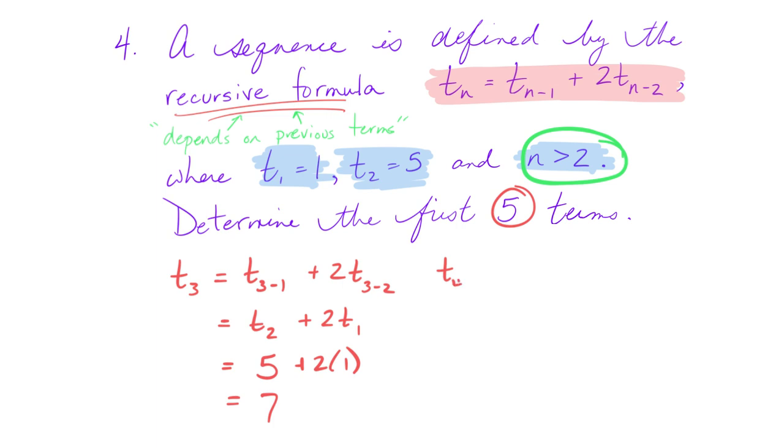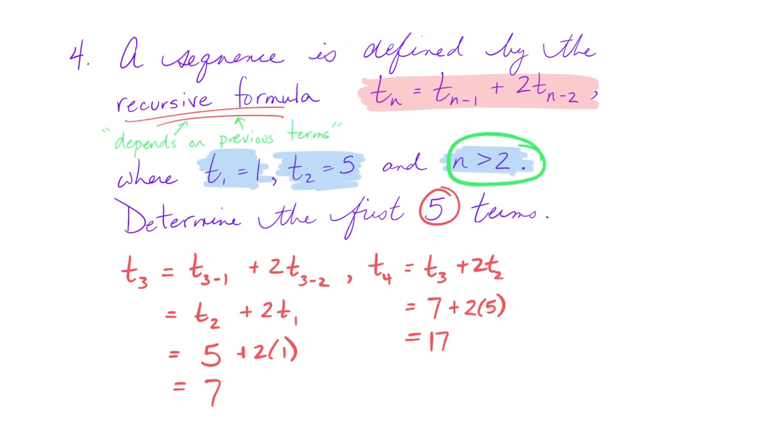For us to find term 4, that means that I need term 3 plus 2 times term, yikes, term 2. And so that's going to give us term 3 that we just found, being 7, and 2 times term 2 being 5, that's going to get us up to 17.